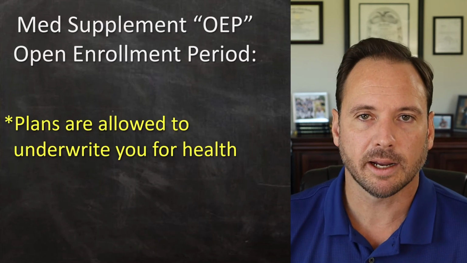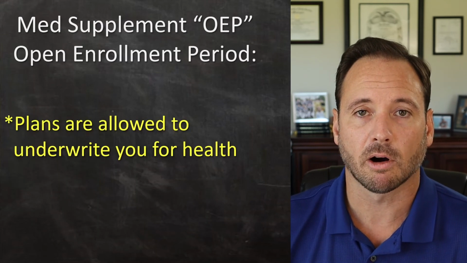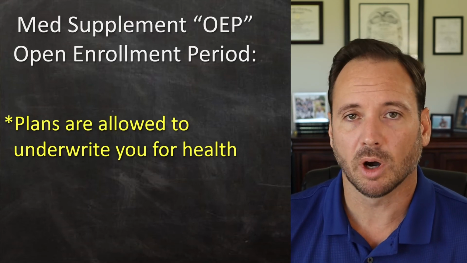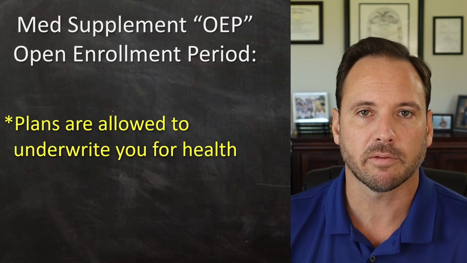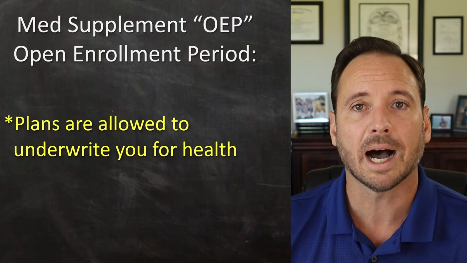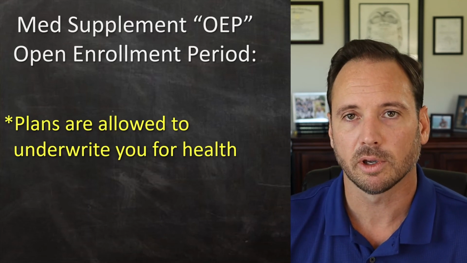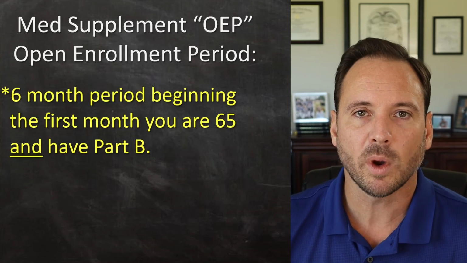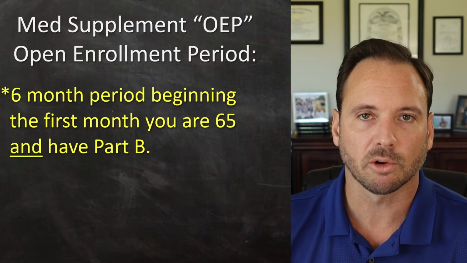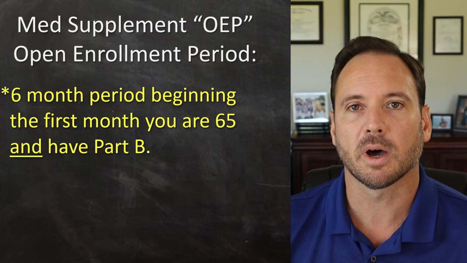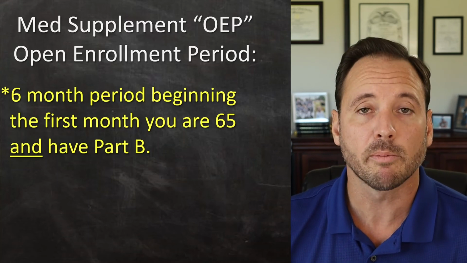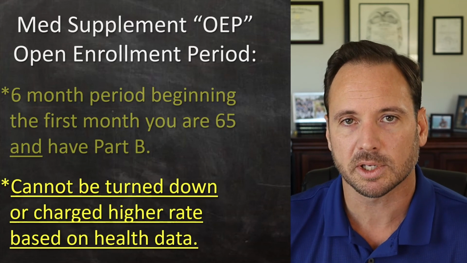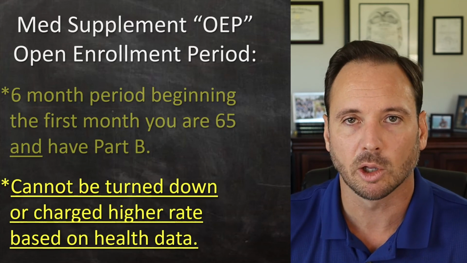A few other details about Medicare Supplement plans that are important. First, these plans are allowed to underwrite you for health. And if they believe that you are too high of a risk, they do not have to enroll you. This is very, very important. So you are going to be given a 6-month window that you will only get once in your life. The reason that 6-month time frame is so important is because during that time, no insurance company that would sell you a Medicare Supplement plan can look at your health.